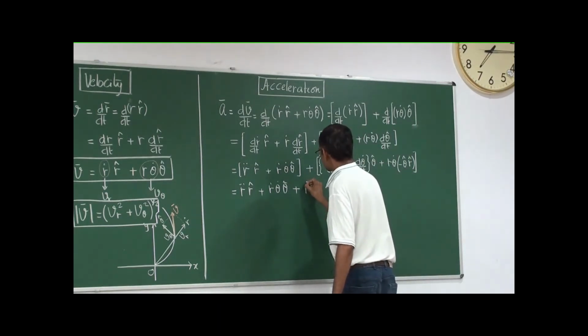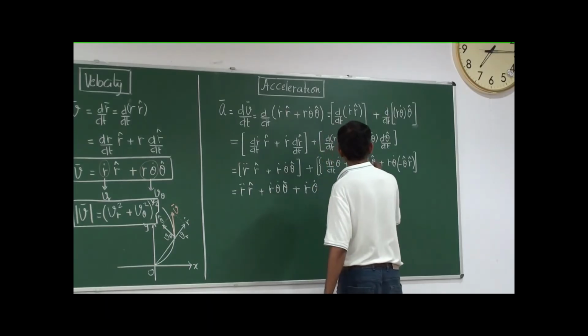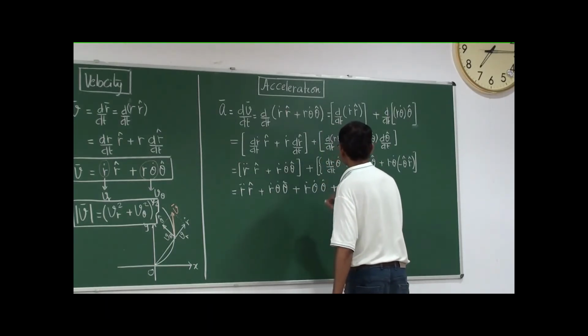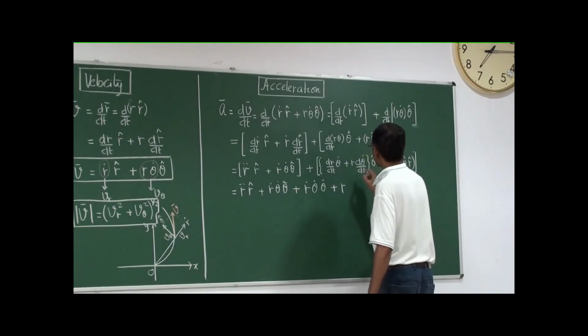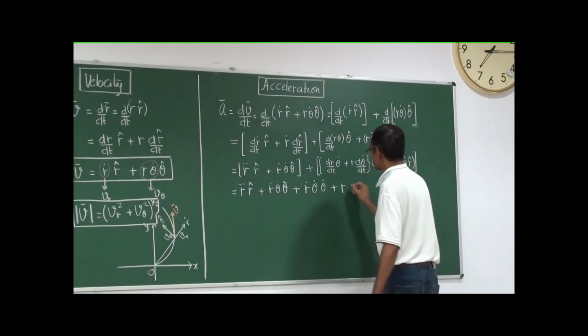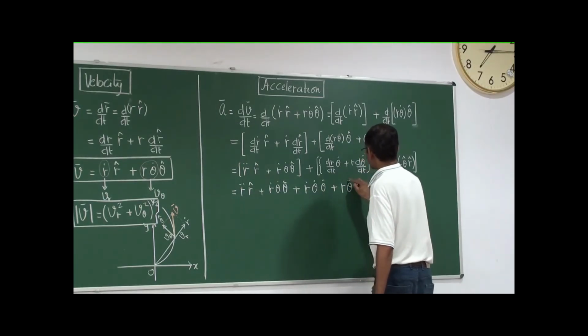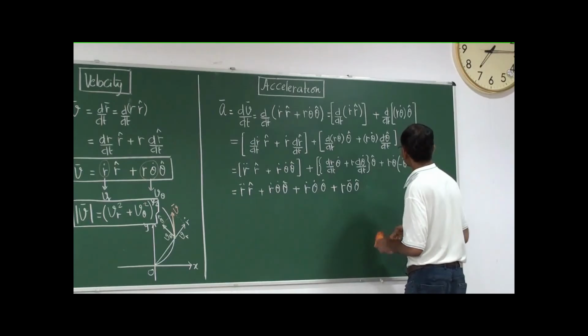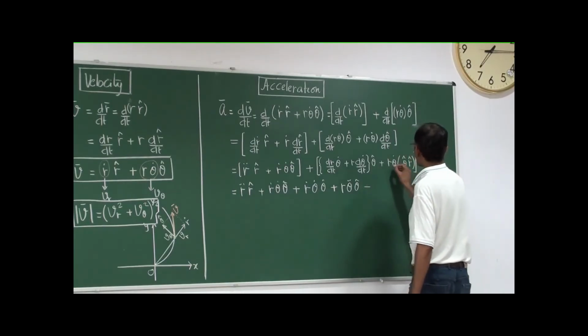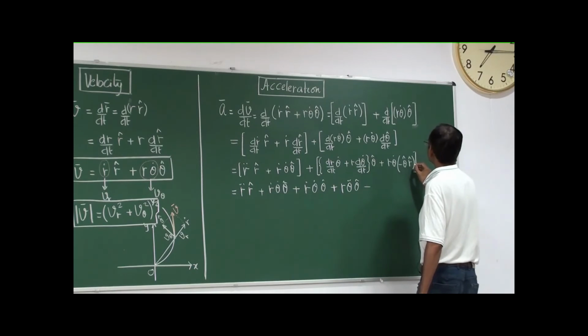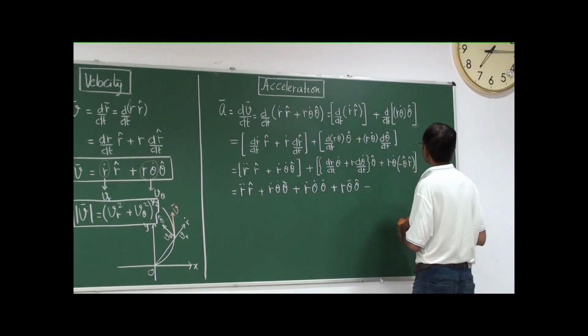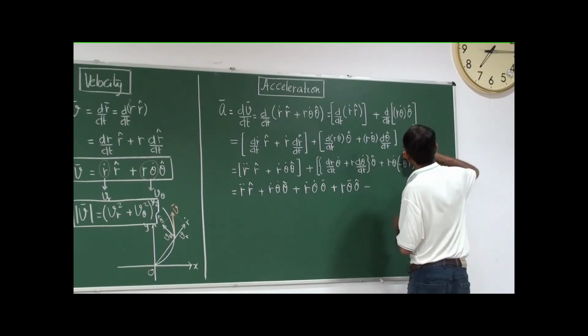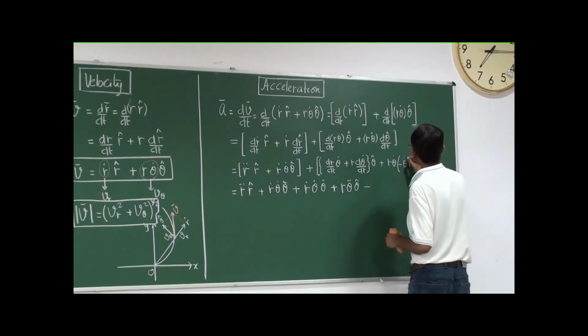So r dot theta cap plus r d theta dot by dt is theta double dot theta cap plus, or I can say minus, r theta dot d theta cap by dt, which is minus theta dot r cap.